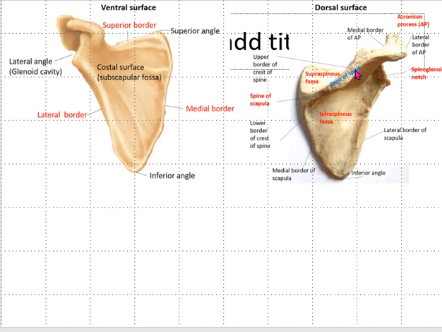This is free. The crest of the spine of the scapula has two borders, the upper border and lower border.